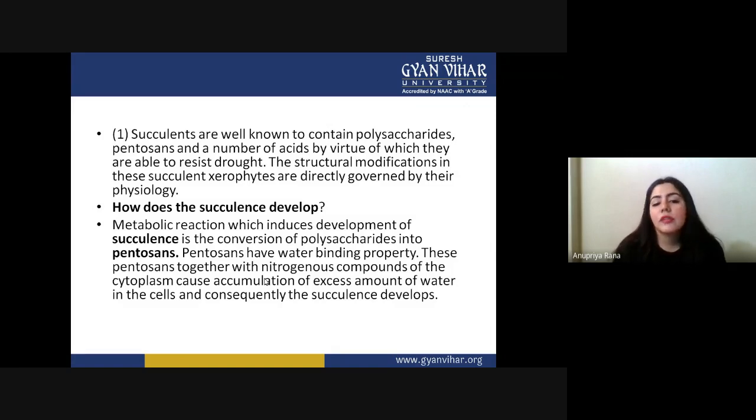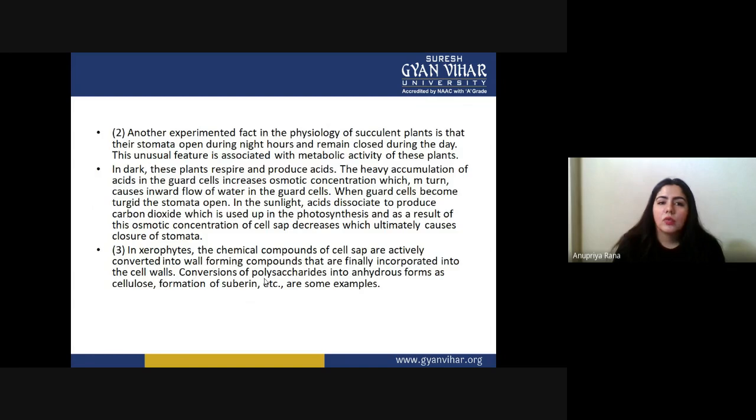You can also see in this slide, pentosans have water binding property. So originally they have the capacity to store or bind water inside them, and that's why they can store water in a very large amount. Another experimental fact in the physiology of succulent plants is that their stomata open during night hours and remain closed during the day.